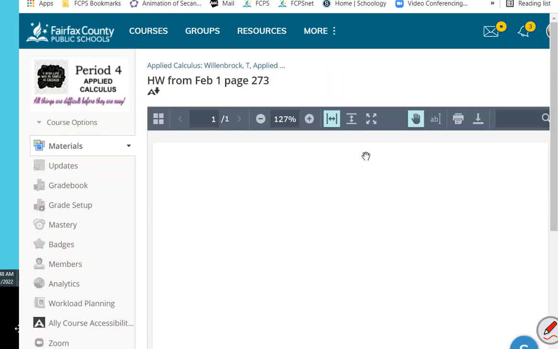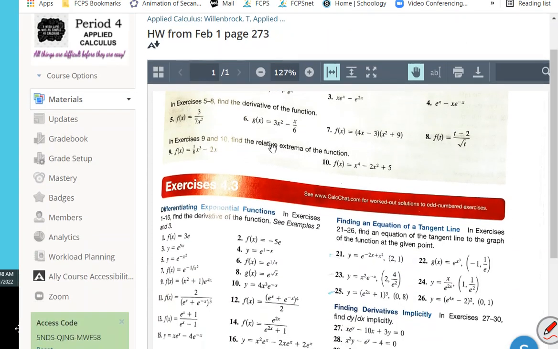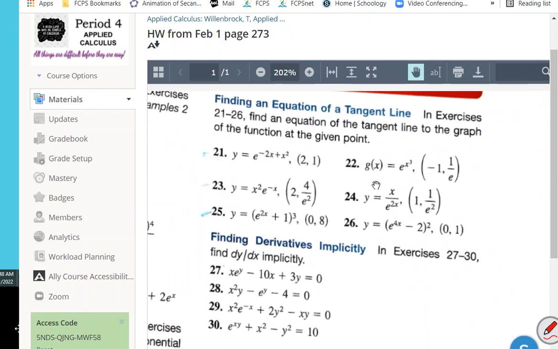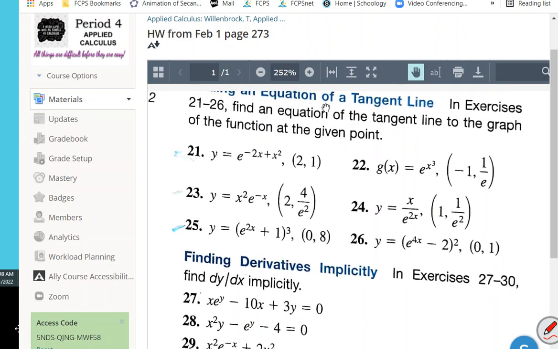When you go to this page, we're going to find this little tangent line section. And they've actually done a really nice job for you. They've actually figured out the full point for you. Your job is to do problems 22, 23, and 24.